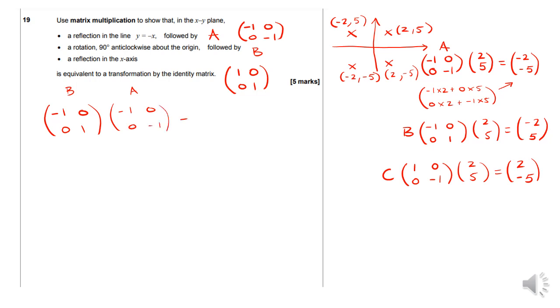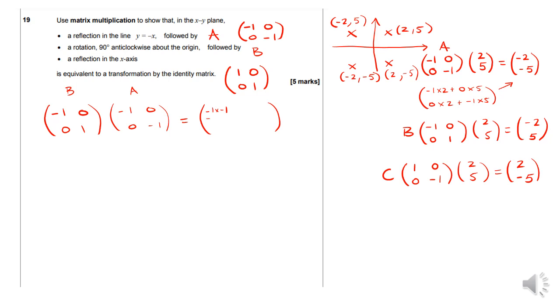If I multiply that out, let's have a look at what we get. So remember, rows by columns. So you'd get negative 1 times negative 1. Negative 1 by negative 1 in here.